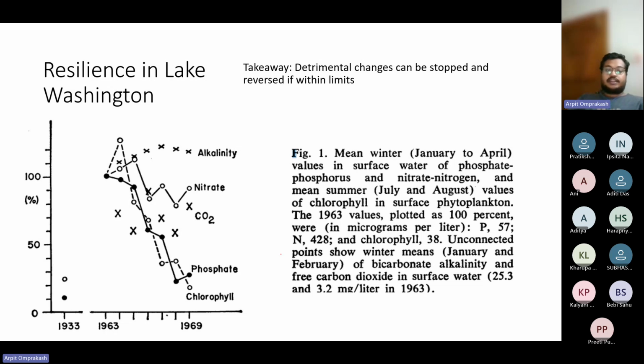So even if there are nitrates and other things present in the water, the amount of phosphate is low, and that is the reason why there is not a lot of growth here.